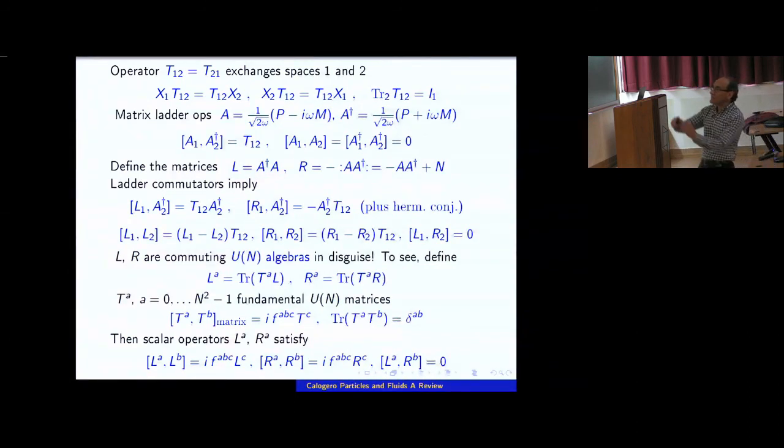I want to have all the p's, all the derivatives, acting to the right and all the coordinates to the left. And those two are trivially related, because when you reorder, you pick up just this extra term. These are now things that look like Hamiltonians. A dagger A is the harmonic oscillator Hamiltonian.